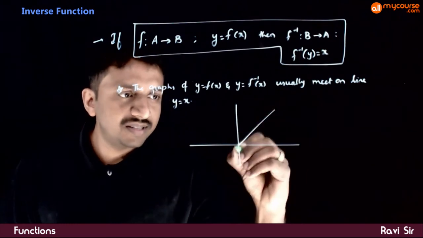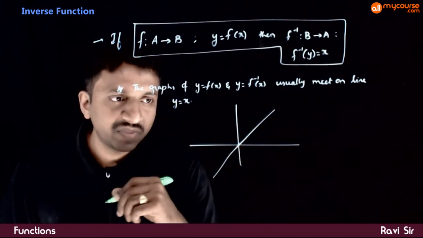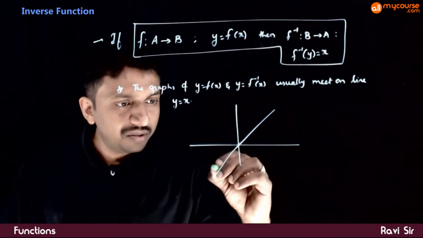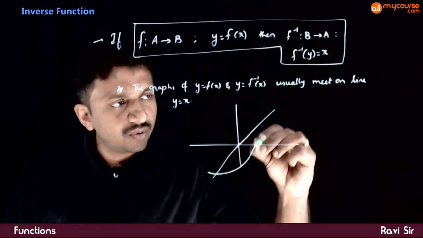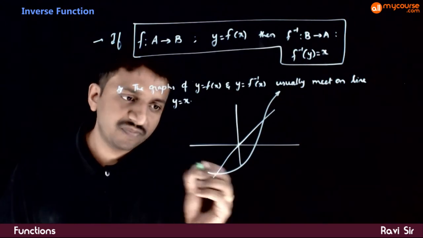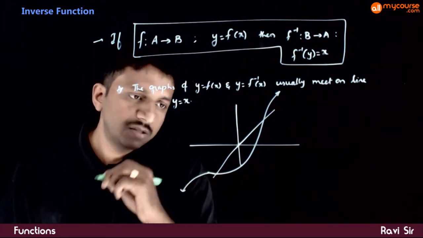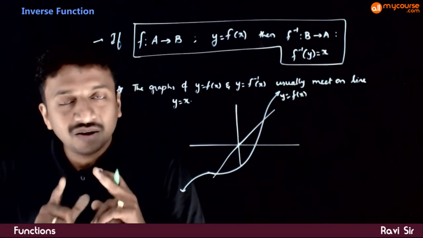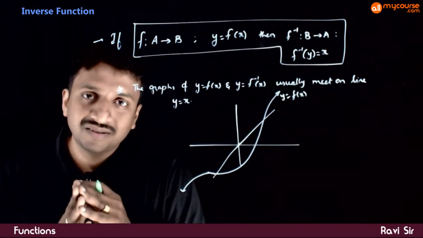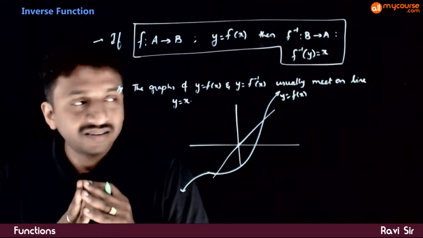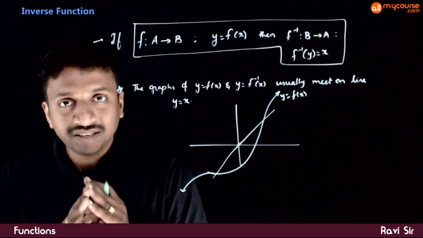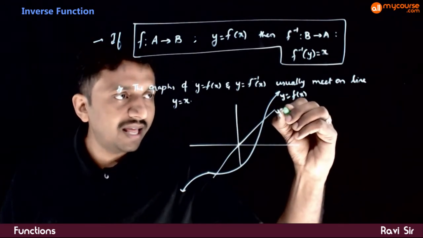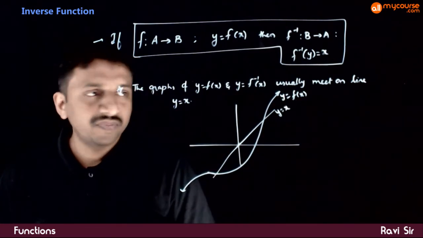For example, if this is the line y is equal to x, assume that you have a curve y is equal to f of x which looks like this. So what is the curve y is equal to f inverse of x? We have already seen that the graphs of f of x and f inverse of x are mirror images about the line y is equal to x.